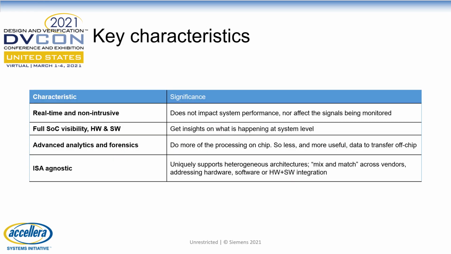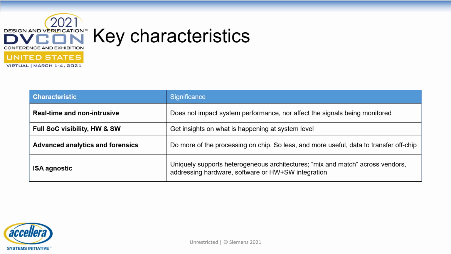So here we see some of the key characteristics of the embedded analytics IP. The embedded analytics IP is real-time and non-intrusive. It does not impact your system performance or affect the signals being monitored. It provides for full visibility of your hardware and software, including their interactions.